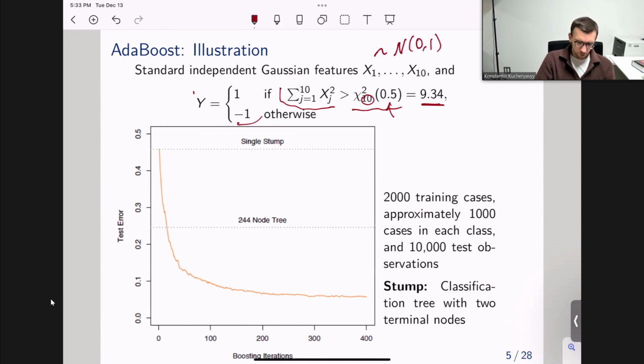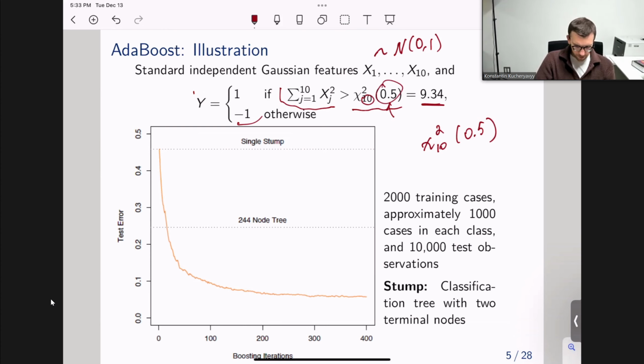So the sum of squares of 10 Gaussian random variables is distributed as chi-squared with 10 degrees of freedom, and then chi-squared 0.5 is the median value. So roughly half of the observations we classify as 1, roughly half as minus 1, because this is the median value.